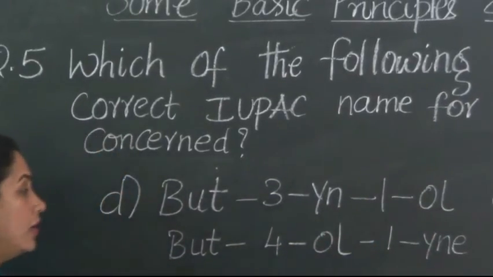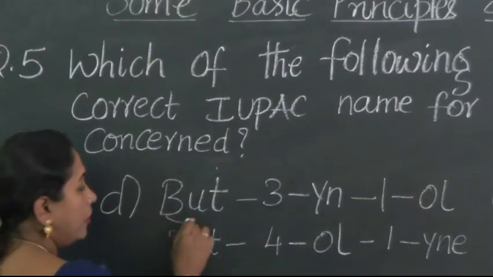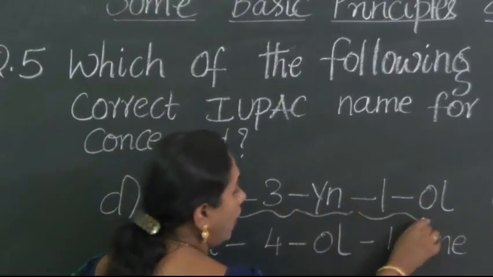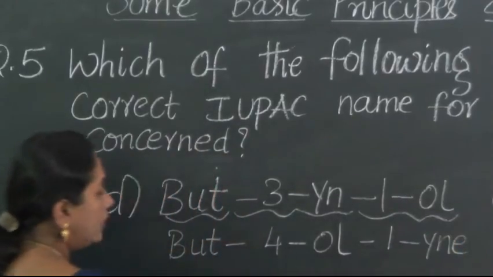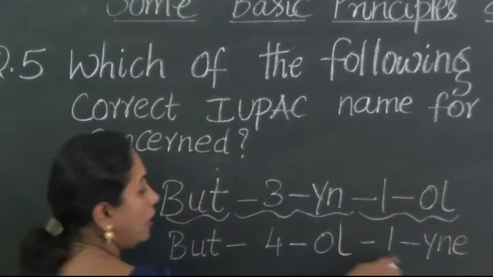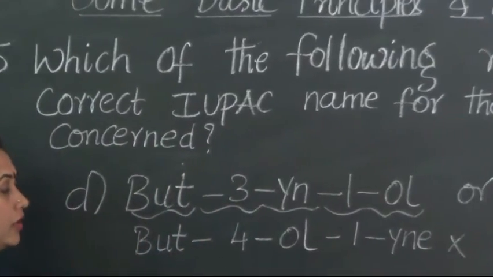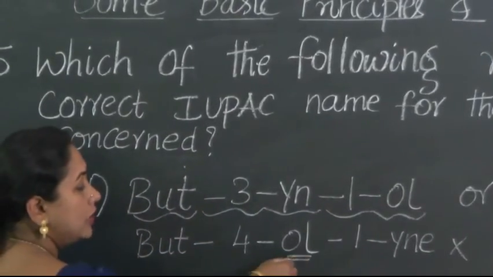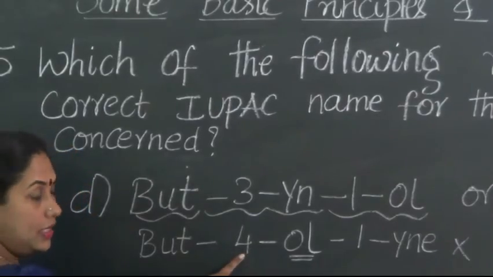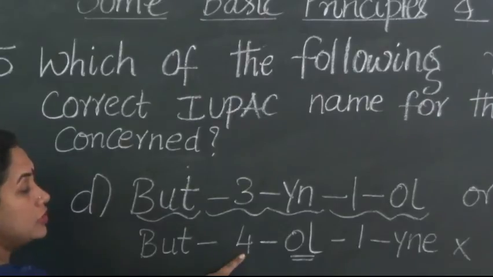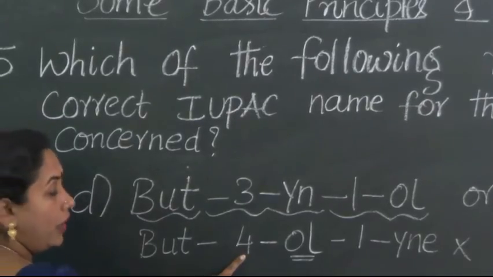So therefore the correct name of the compound would be but-3-yn-1-ol and not but-4-ol-1-yne, because in this order not only has the hydroxyl group got the highest number, which is not to be followed when multiple functional groups are present, that is one mistake.